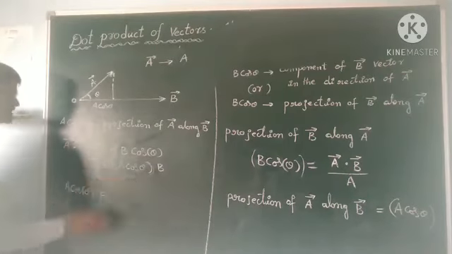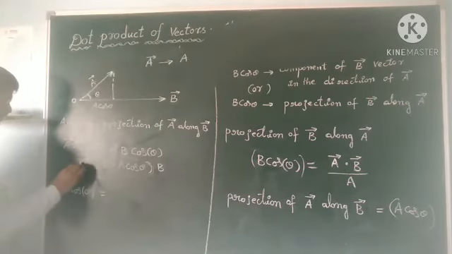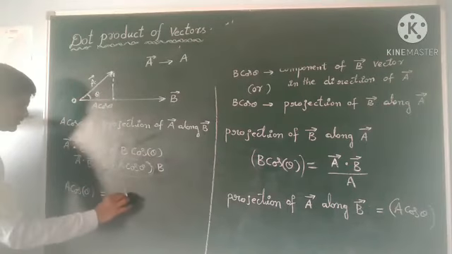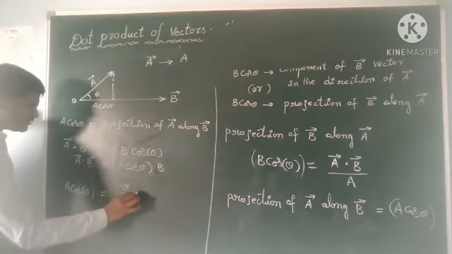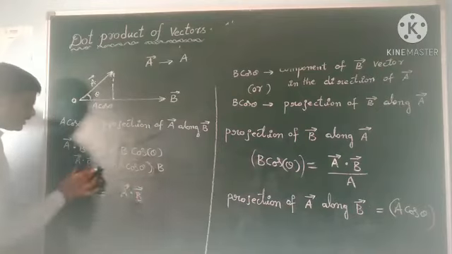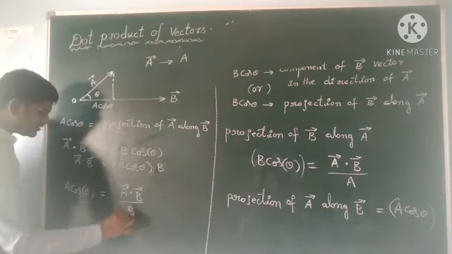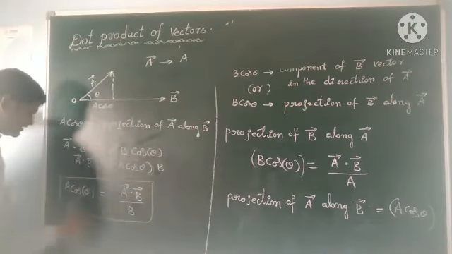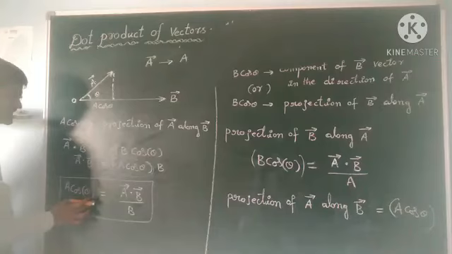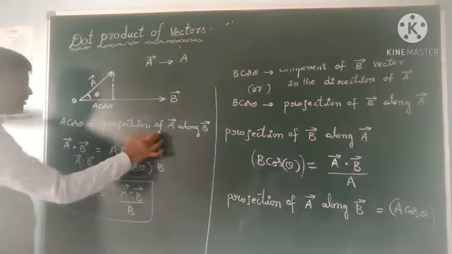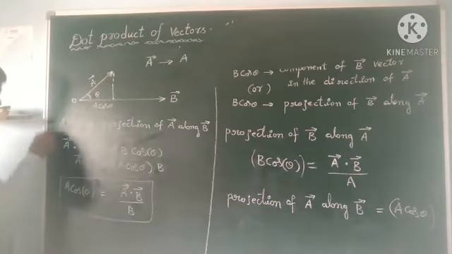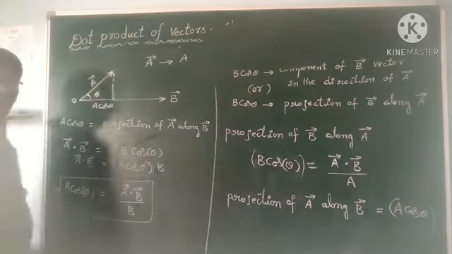Then A cos theta is equal to A bar dot B bar by B. A cos theta is the projection of A bar along B bar. So that is the formula, you got it.